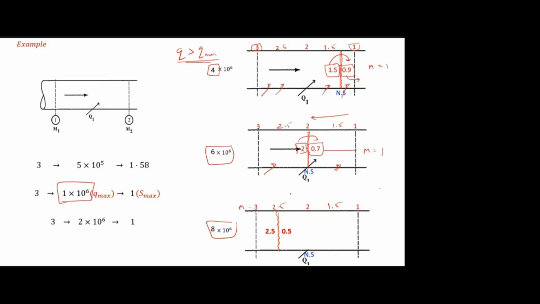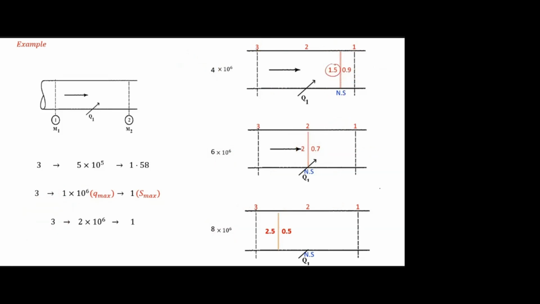So the normal shock is getting stronger. When it moves towards the inlet, it gets stronger. You can see by looking at the values, 1.5 to 0.9, and here 2 to 0.7. Compression is increased. Now see 2.5 to 0.5. When it is moving in this direction, the normal shock becomes stronger. So much compression happened: Mach number 2.5 to 0.5.